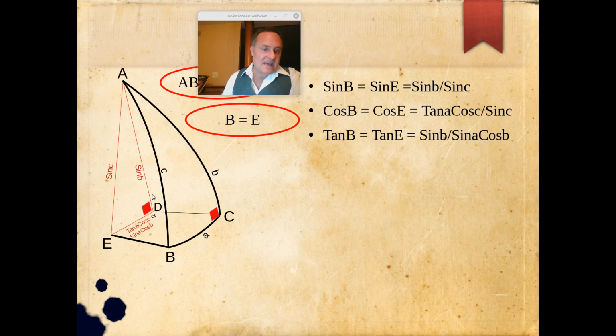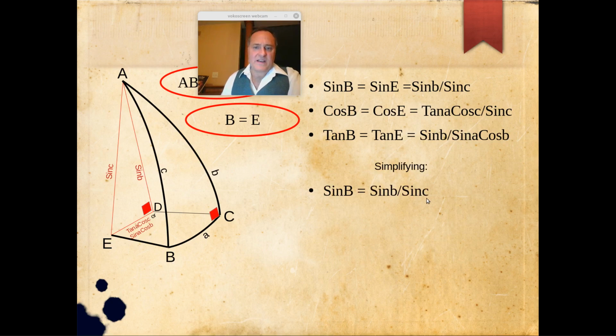And in this case, since the sine is couched in terms of B, I'm going to use this value for length ED, because it too has a B in it. So I'm going to say sine B divided by sine A cosine B, and that's here.